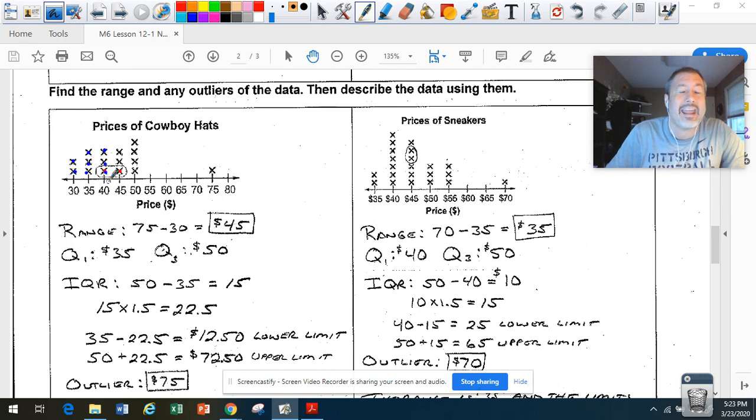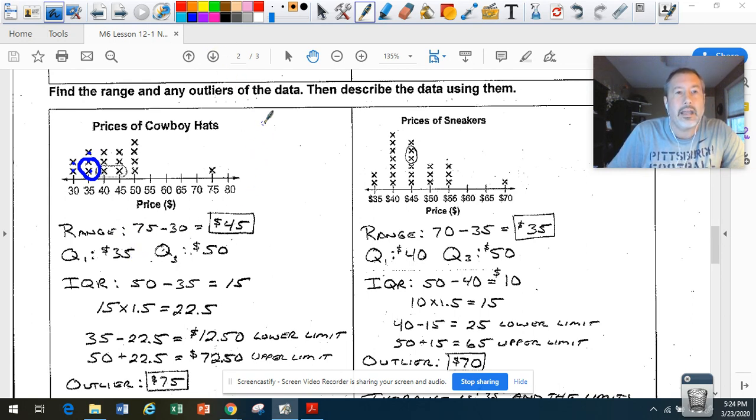We have a total of 8 here. So half of 8 is 4. It's even, so we're looking at 4 and 5. So if we were to look at that, we're needing numbers 4 and 5 here. Go up here, clear that. So 1, 2, 3, here's 4, and here's 5. So it looks like our Q1 here is going to be $35. We have that right there.